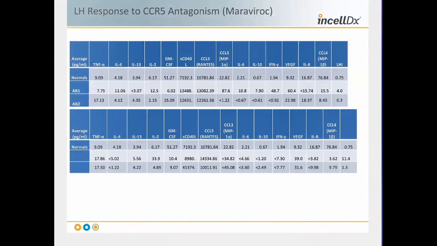Number one, it brings down RANTES, which is elevated in long haulers as well as active COVID. And it brings it down, and again, that it's important because of the role in migration and obviously chemotaxis of immune cells throughout the bodies, causing immune activation in those particular sites of the body.